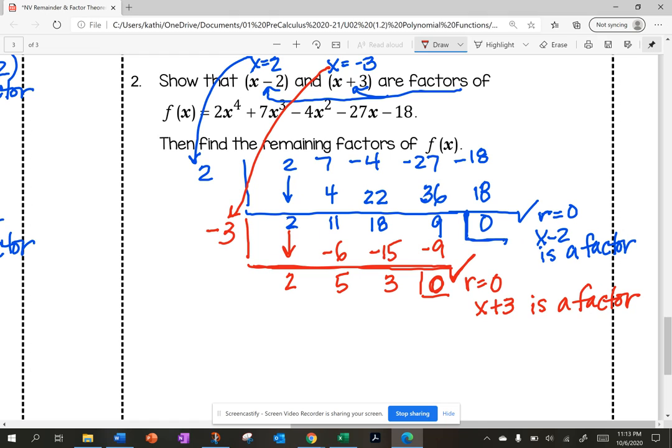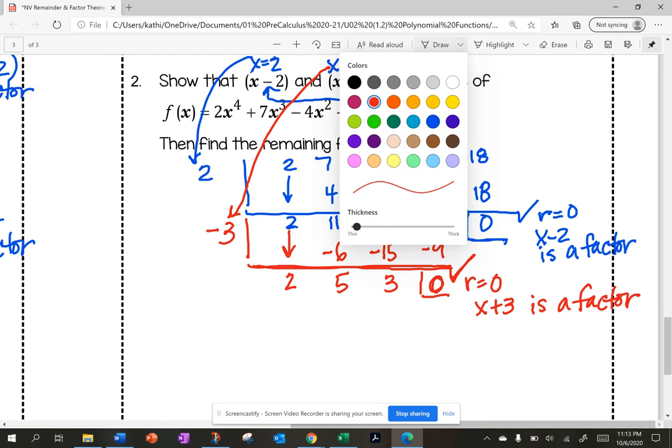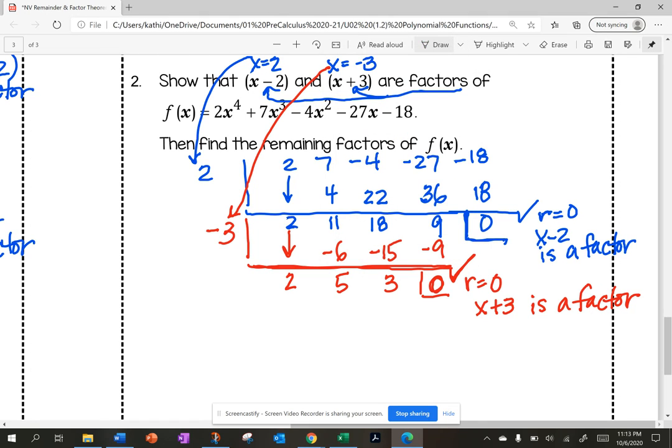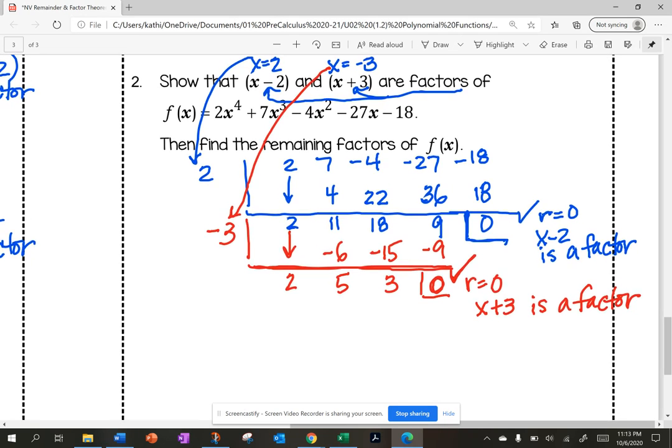Okay, so what I started out with, at this level, this was x to the 4th. So this coefficient here is x to the 3rd. So this coefficient here is x squared, because I keep going down by 1 degree each time.